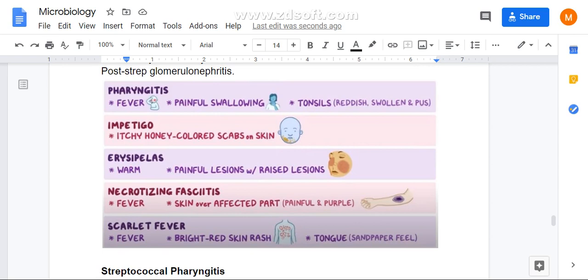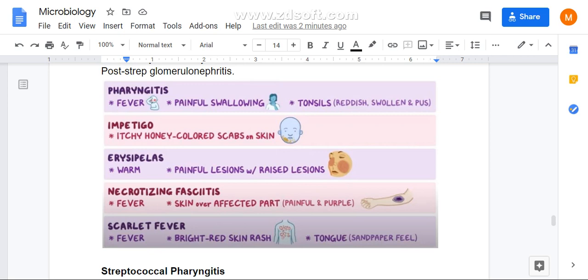Right, so here's just a little thing to summarize the acute diseases. In pharyngitis, you're going to have fever, painful swallowing, and your tonsils are going to be red and swollen and full of pus. This is classic strep throat symptoms. It also causes impetigo, which causes itchy, honey-colored scabs on the skin. Also can cause erysipelas, which causes warm, painful lesions on the face.